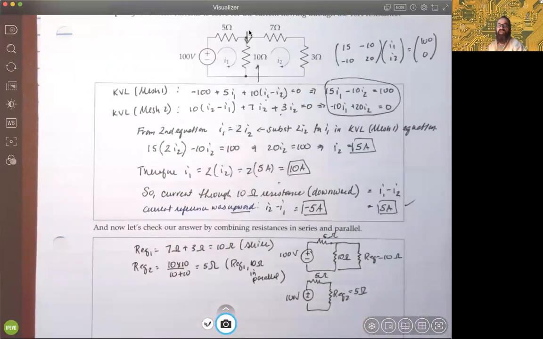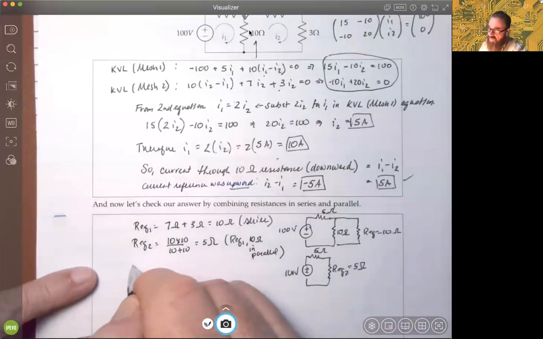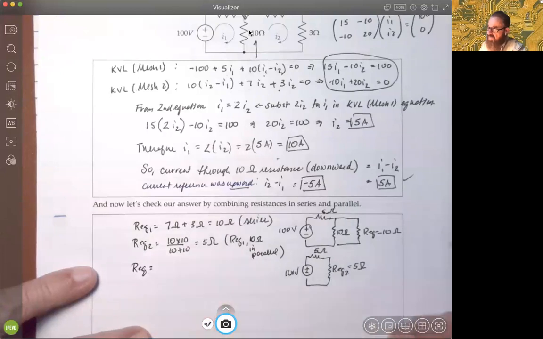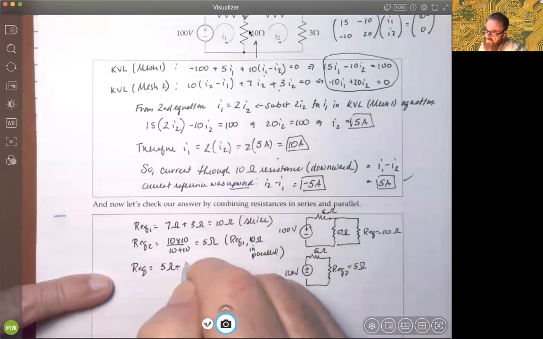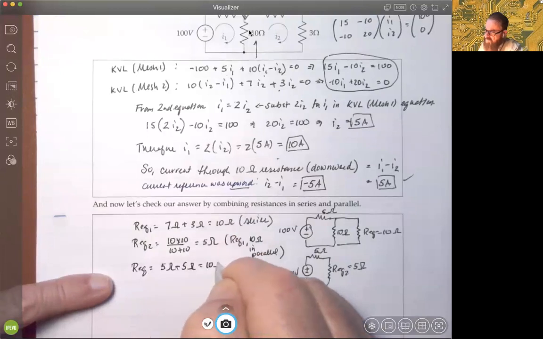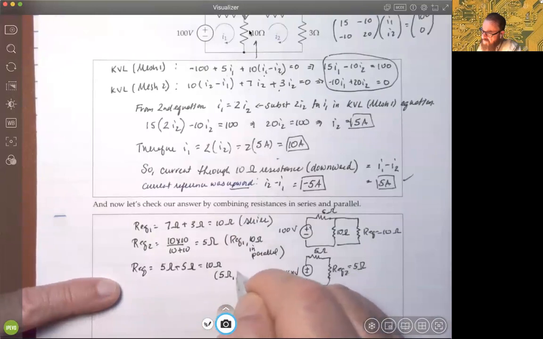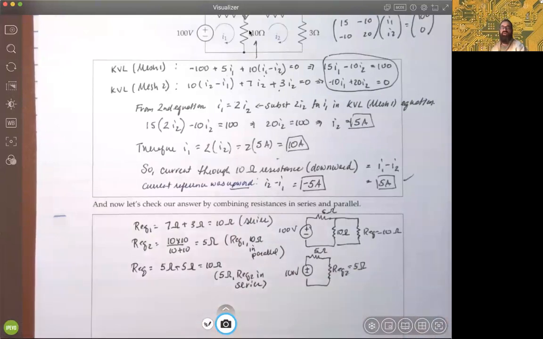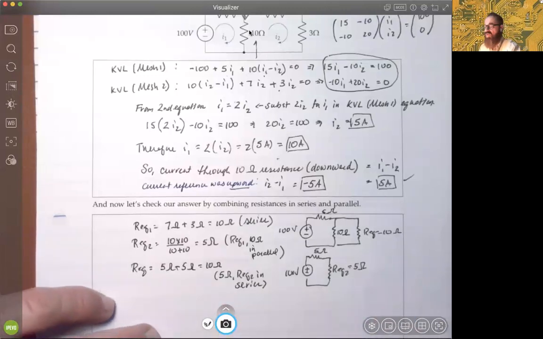So, and I think you see where we're headed. Our final equivalent is a series, right? So finally, you would have REQ is 5 ohms plus 5 ohms equals 10 ohms, okay? Again, because you have the 5 ohm resistance and REQ2 in series, it's just helpful as you're doing the work to verify and validate why you did that in terms of what properties you're exploiting.